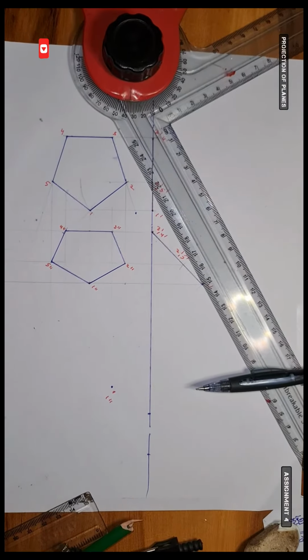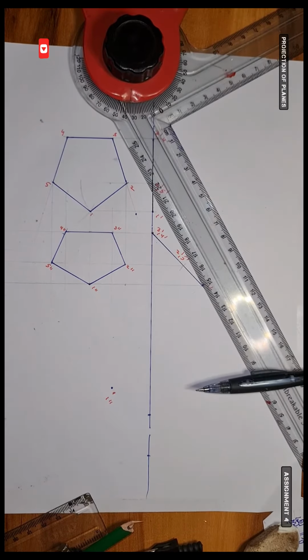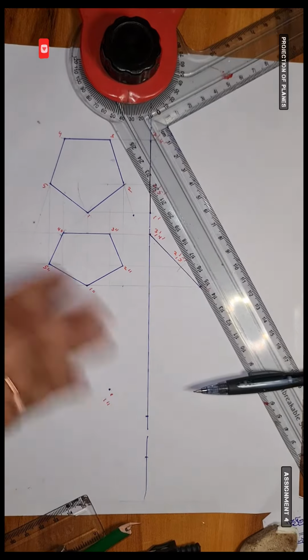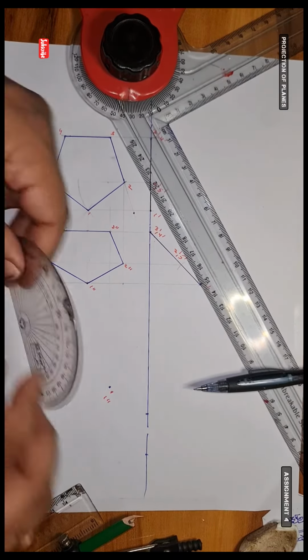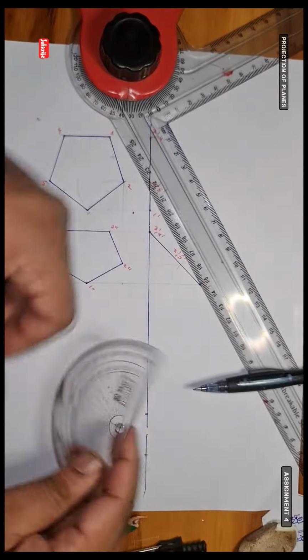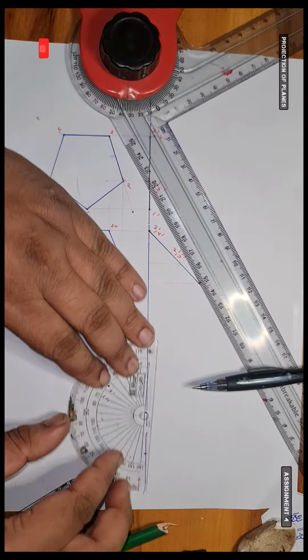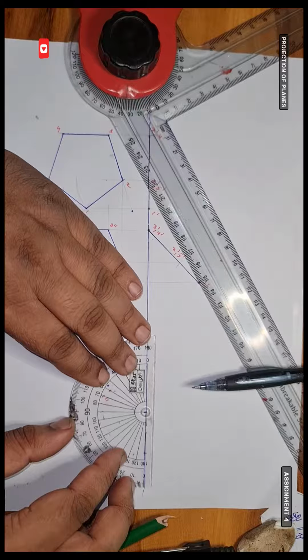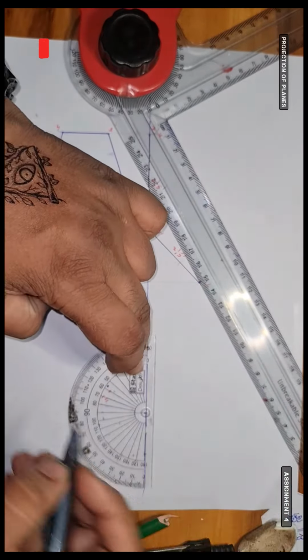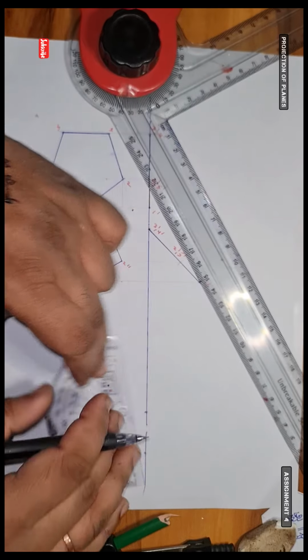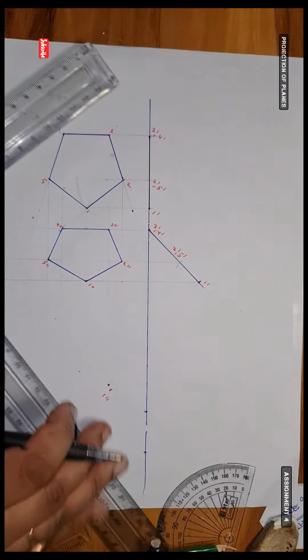because when you rotate your axis at 60 degrees, the base side would become at 30 degrees. This is your 60 degree angle.